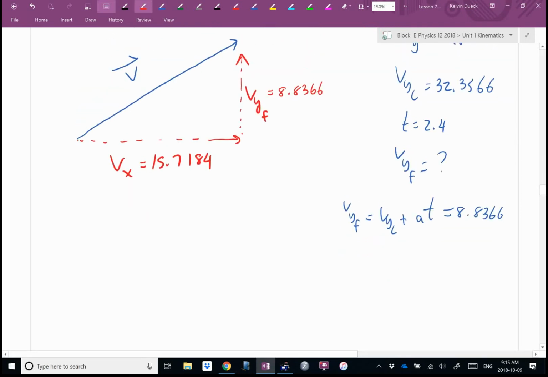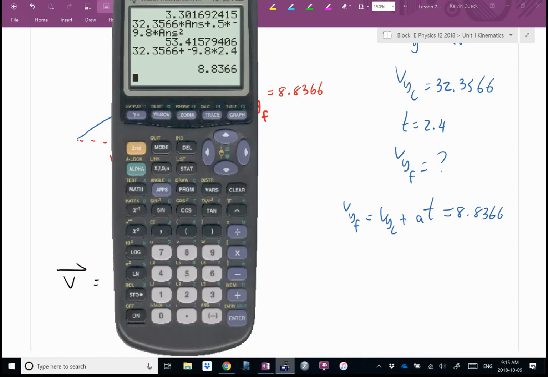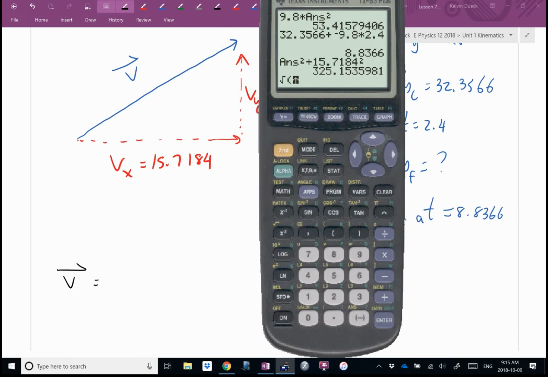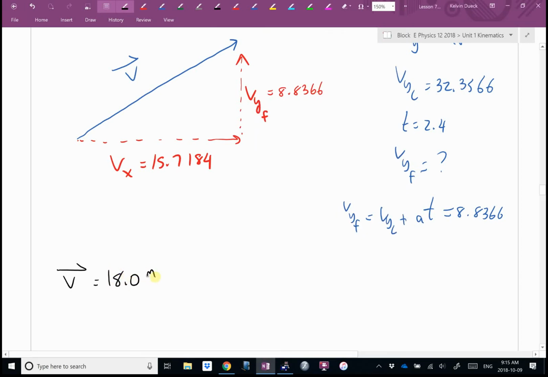How can I find the magnitude of V? Really? Math 8? Wow. So it's going to be 8.8366 squared plus 15.7184 squared, square root, 18.0. Except that's not the velocity, that's the speed. How do I turn this into a velocity?